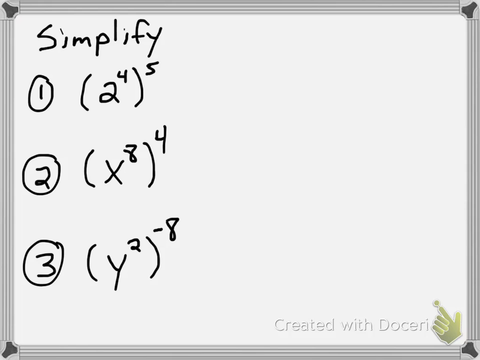And on number 1, I don't want the number answer. I just want you to leave it as an exponent. Write it as an exponent. Then we have 8x to the 8th raised to the 4th. Then we have y to the 2nd raised to the negative 8th. So just follow your power to a power rule and simplify these monomials.